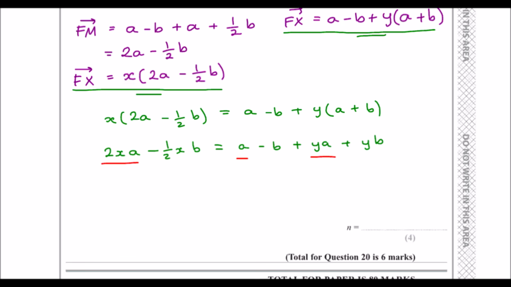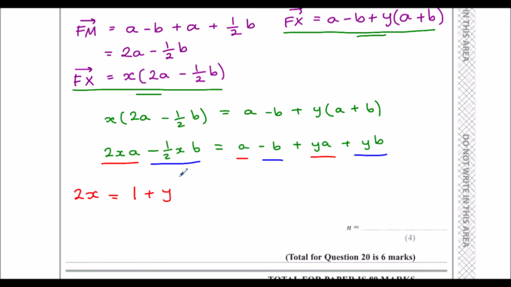So we've got a terms and we've got b terms. So the a terms must be equal and the b terms must be equal. So I've got 2xa equals 1a plus ya.